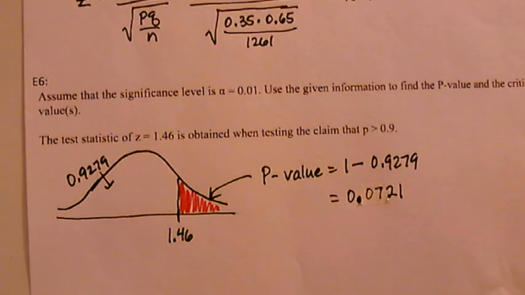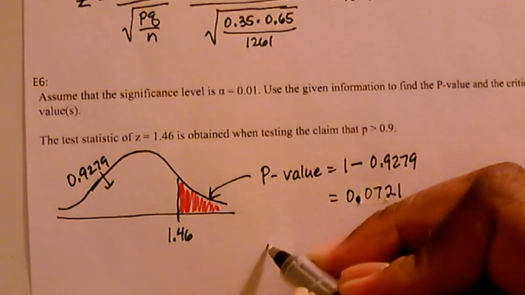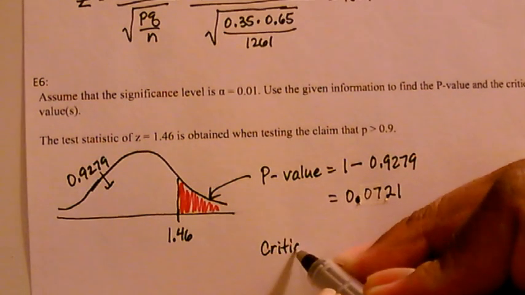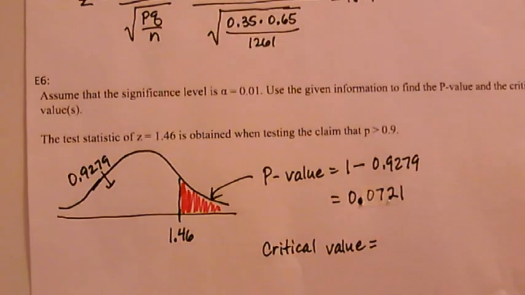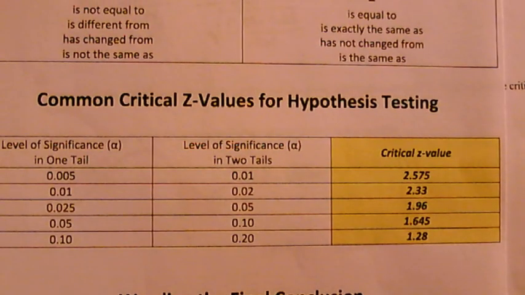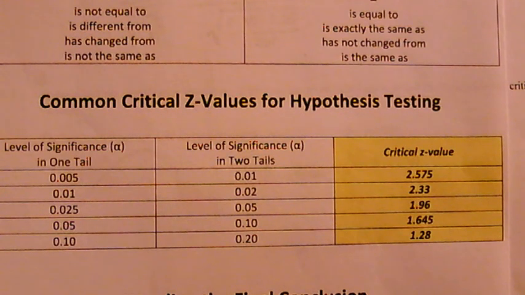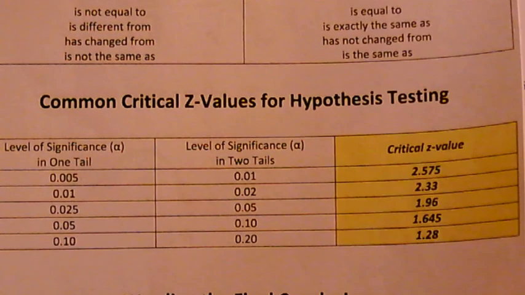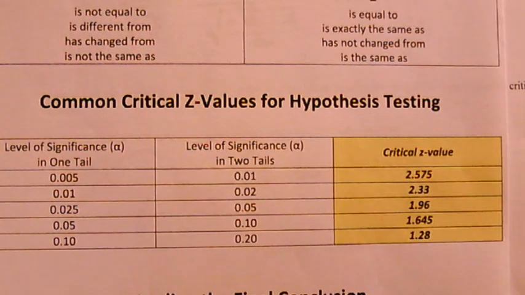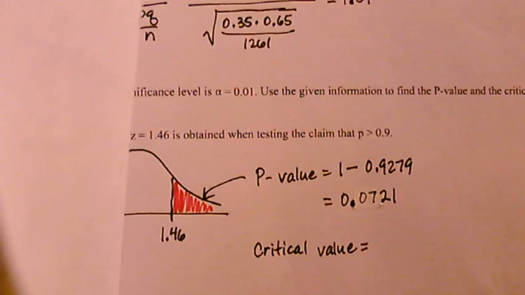Not only that, we also need what they call the critical value. Okay, now, this is where we use this table for the common critical z-values for hypothesis testing. Now, in this case, it is a right tail test, so we look under the column for level of significance in one tail.